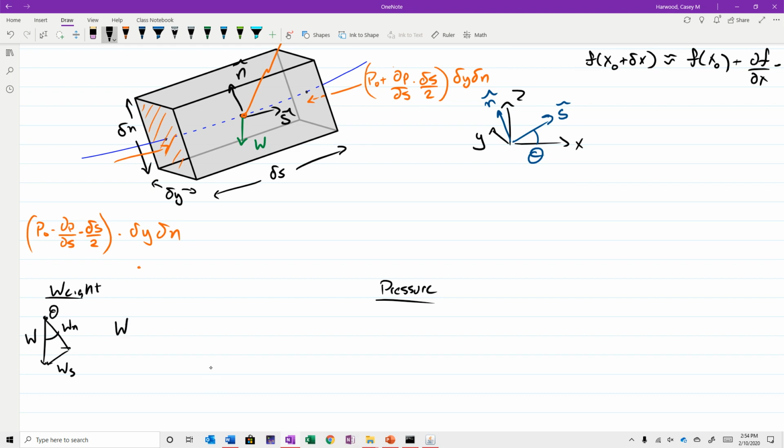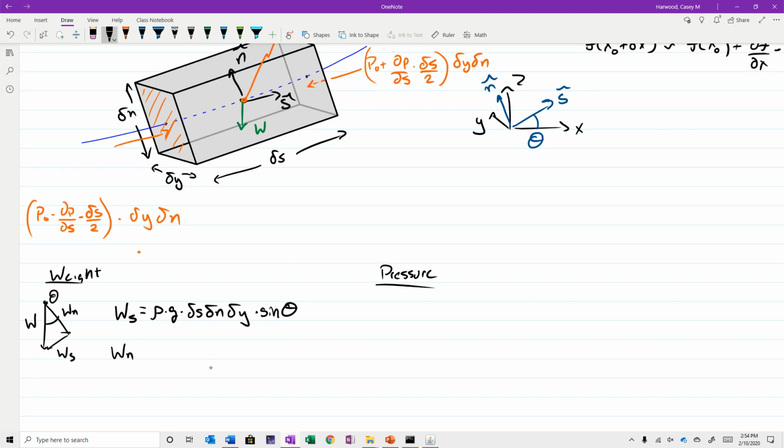And so we'll find that Ws, the component of the weight acting along the streamline, is equal to rho g delta S delta N delta Y, that's simply the volume of this rectangular prism, times sine of theta.